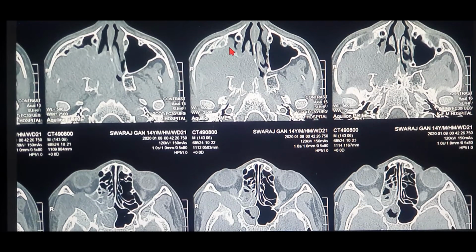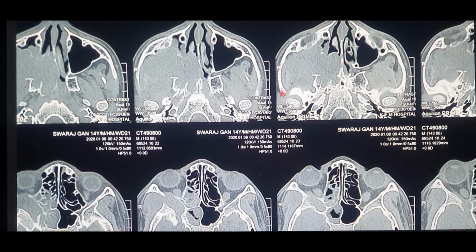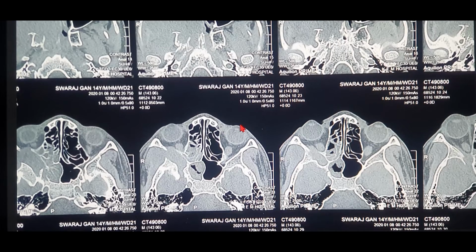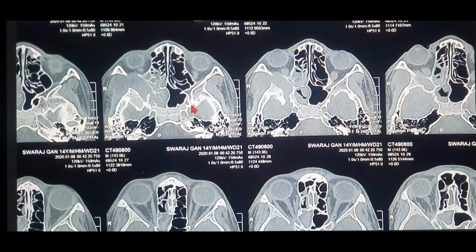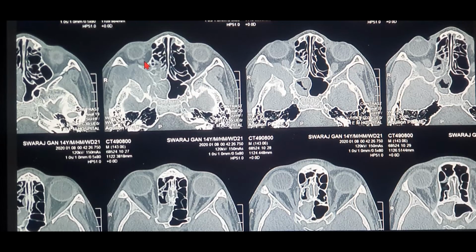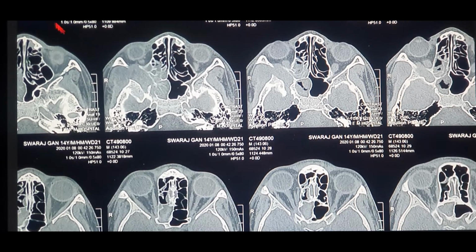As you can see in this scan, the JNA mass is almost on the anterior lateral wall of the maxilla, almost adjacent to the nasolacrimal duct over here. So this is a huge anterior extension of the JNA. So this is how you can judge the extent of the JNA on a CT scan. So yeah, that is all about the axial scan.